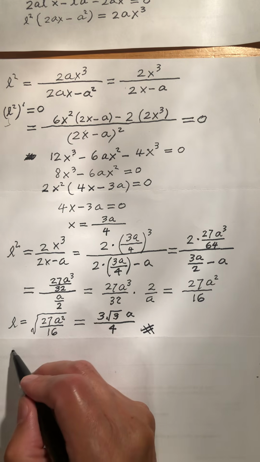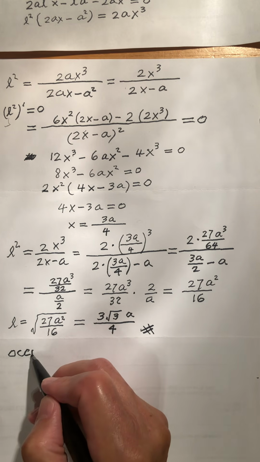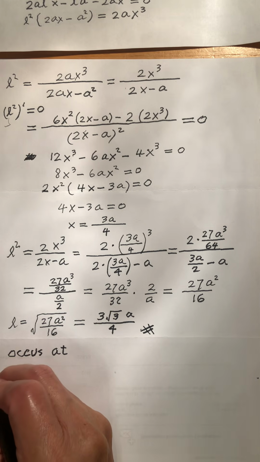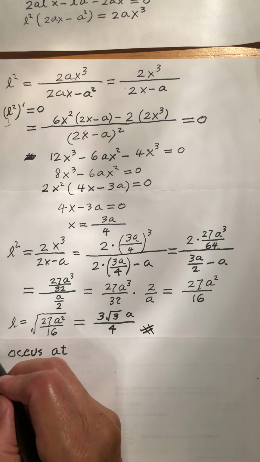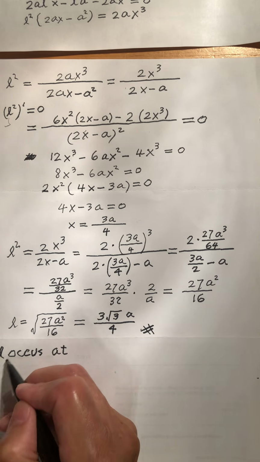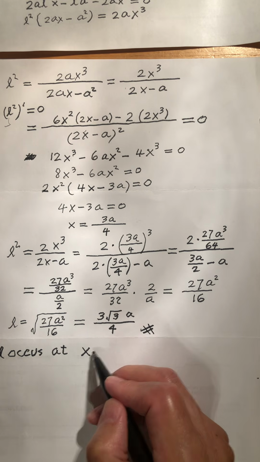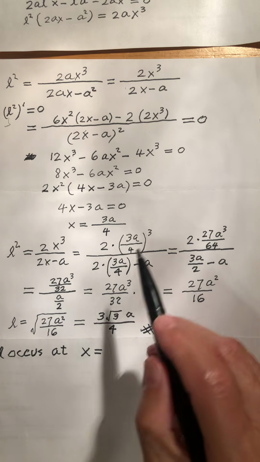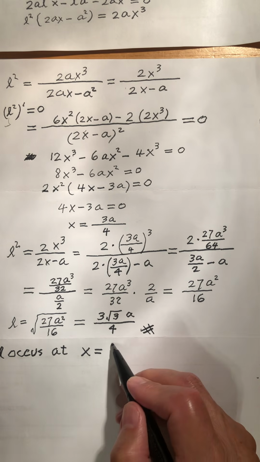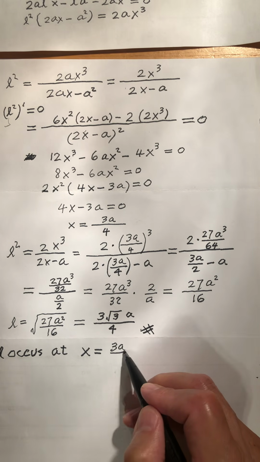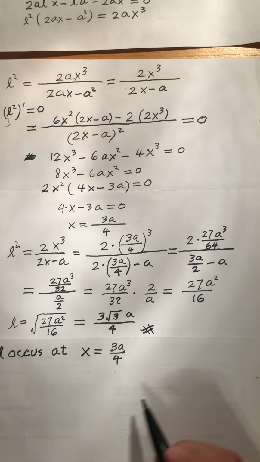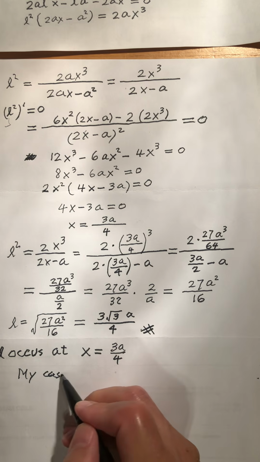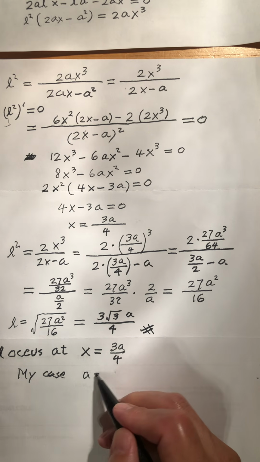So the minimum L occurs at x equals, what is that? x equals 3a over 4. In my case, I have a equals 5 cm.